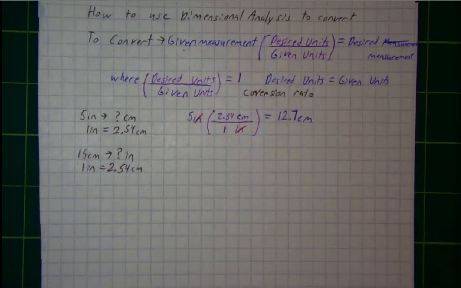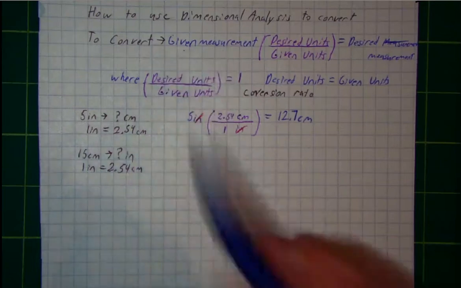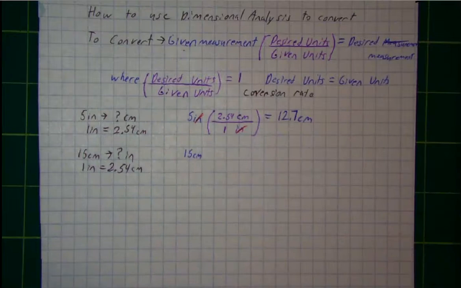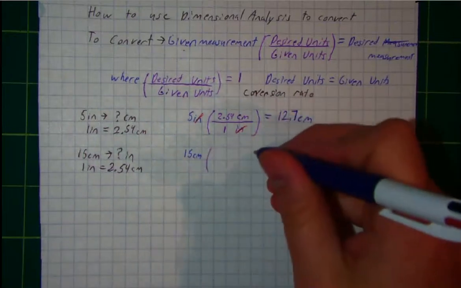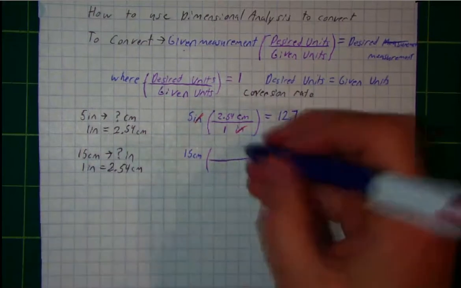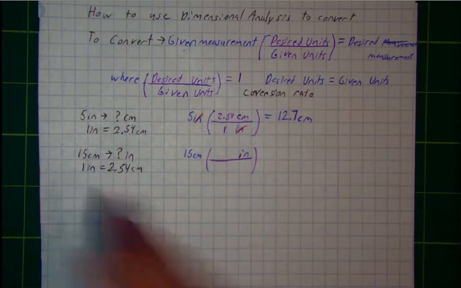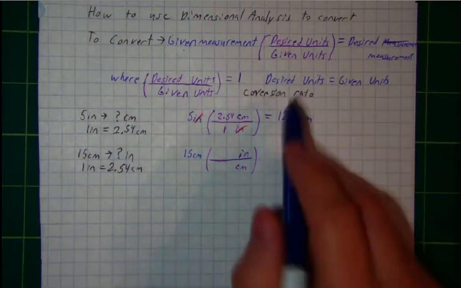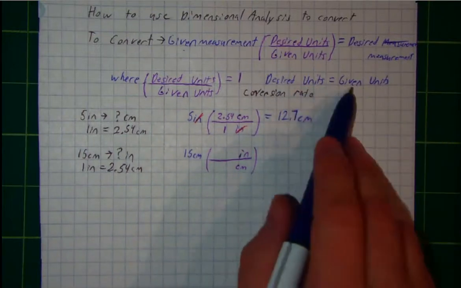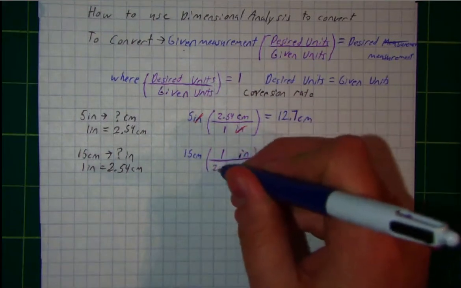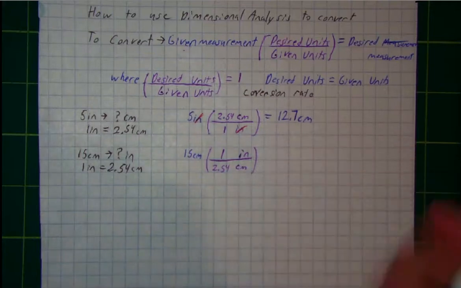So we take our given measurement, 15 centimeters, and multiply it by our desired units divided by our given units, which is our conversion rate. Our desired units are inches, our given units are centimeters, and we need to make sure they are equal. I know 1 inch equals 2.54 centimeters.